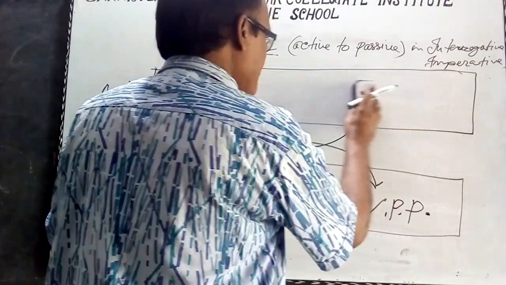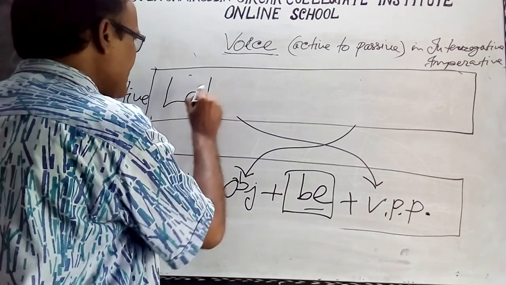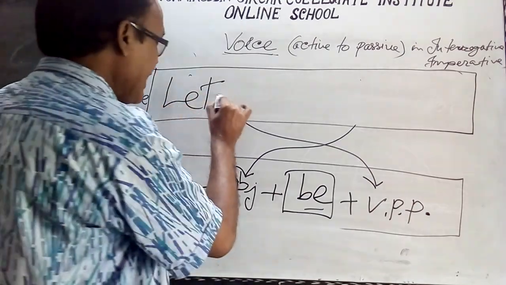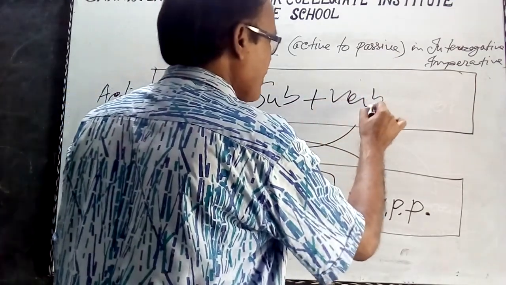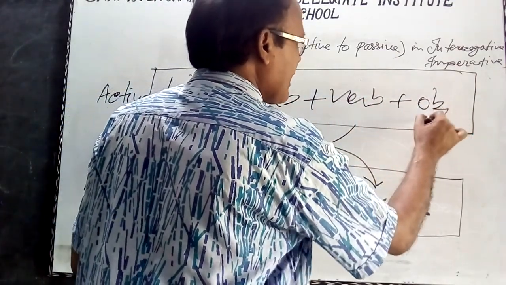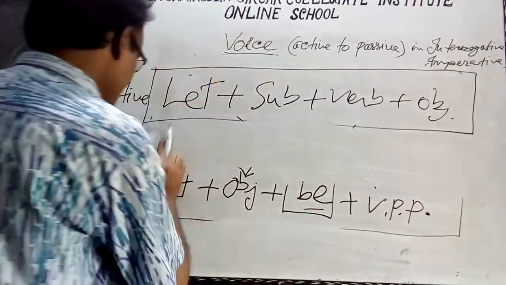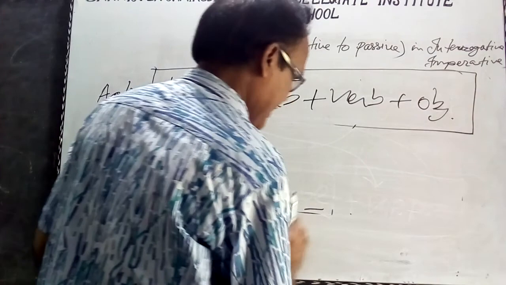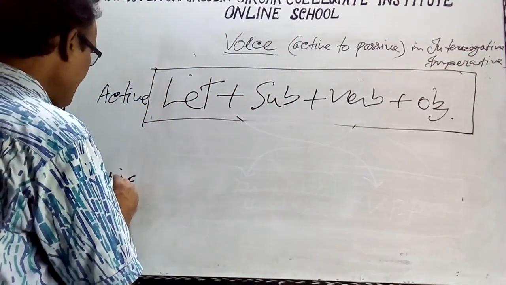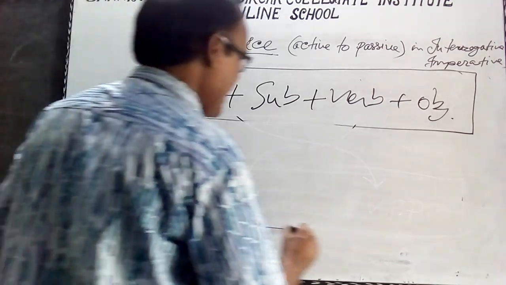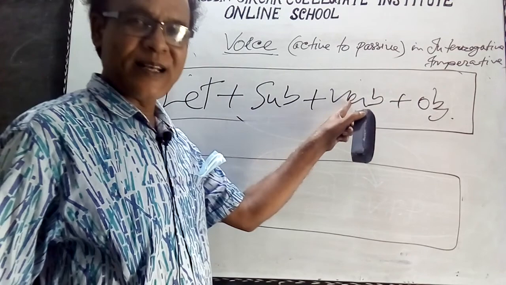Now, in the active voice, if the sentence begins with let, then subject, then verb, then object, and the verb will be in the present form.